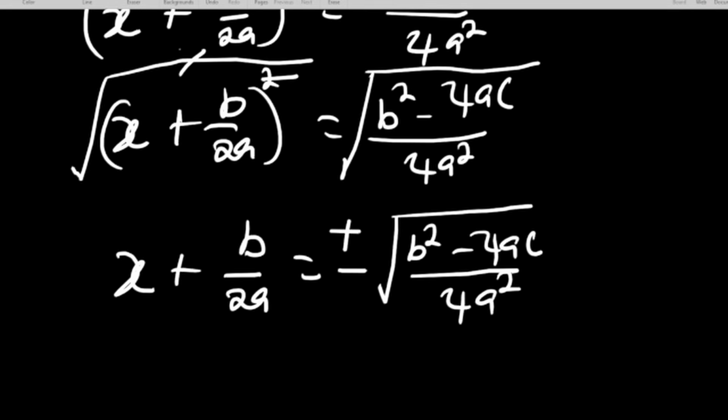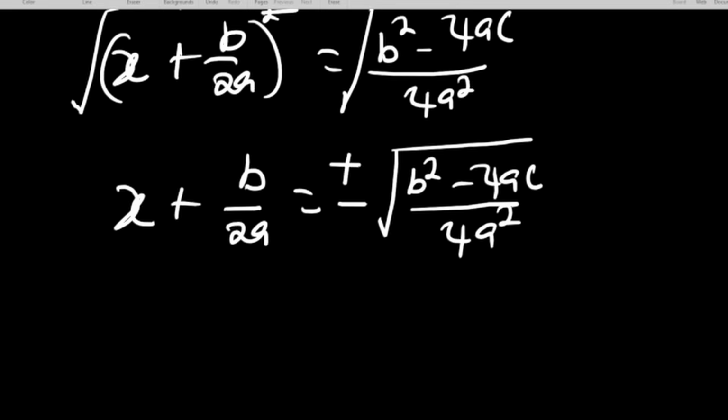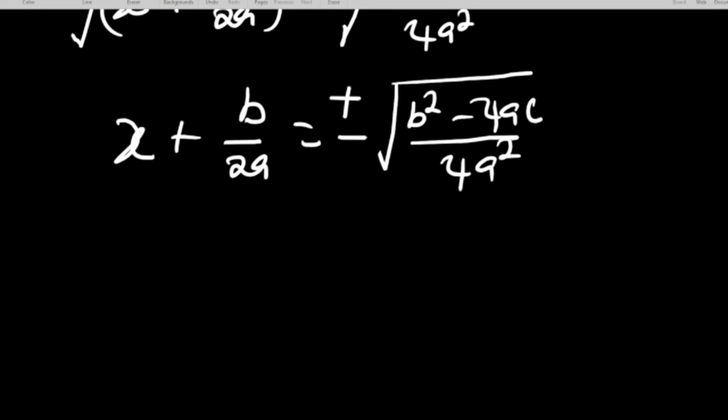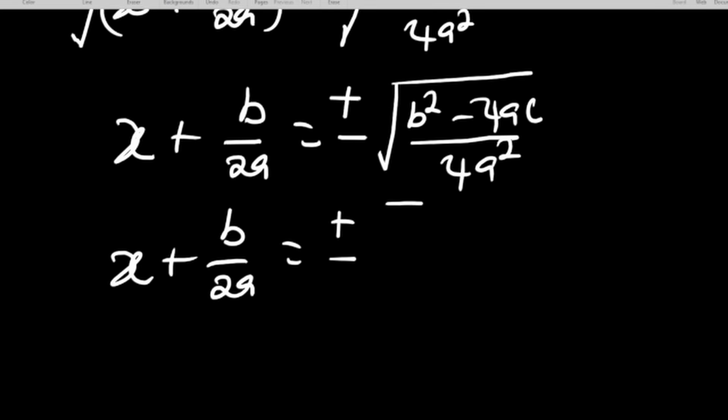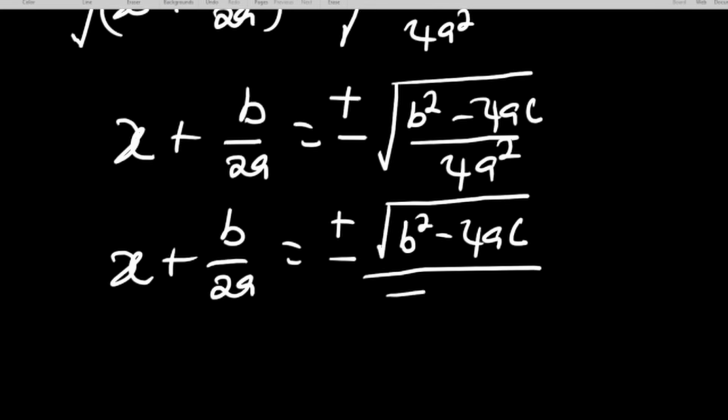Correct. Now let's go ahead and separate this. Since we have two terms, we can write it this way: x plus b over 2a equals plus or minus. Right here we have two terms. The first one is the square root of b squared minus 4ac over, the next one is the square root of 4a squared.